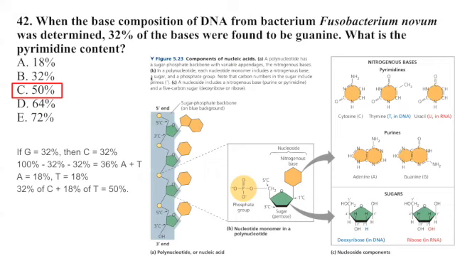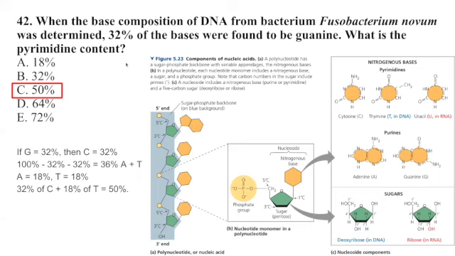42. When the base composition of DNA from the bacterium Fusobacterium novum was determined, 32% of the bases were found to be guanine. What is the pyrimidine content?